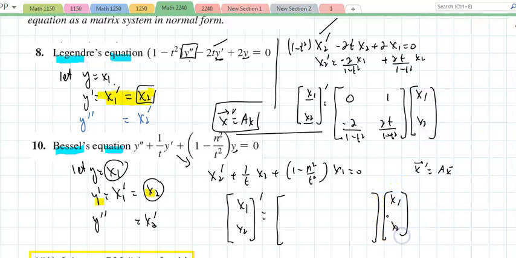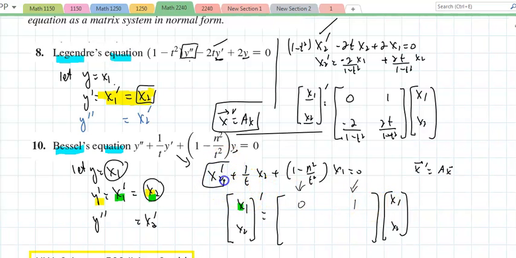And if you notice, I'm sorry, x1 prime is really x2. So this is the column for x1, this is the column for x2. And x2 is actually what?